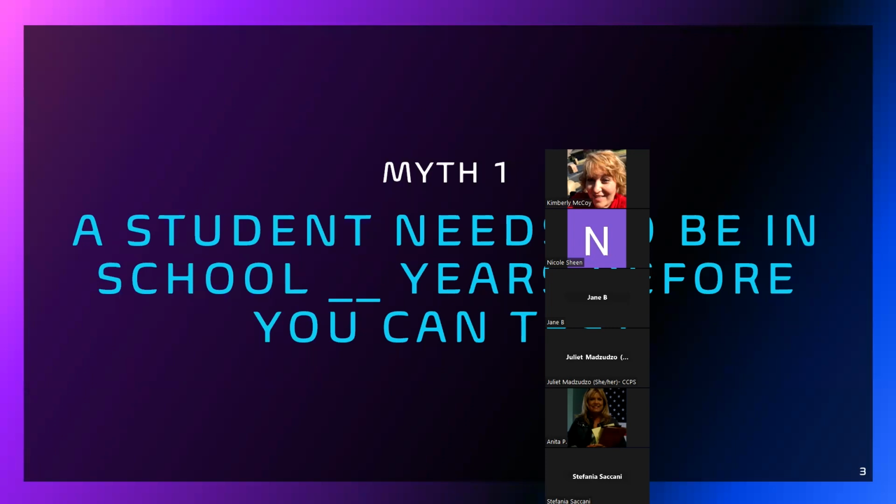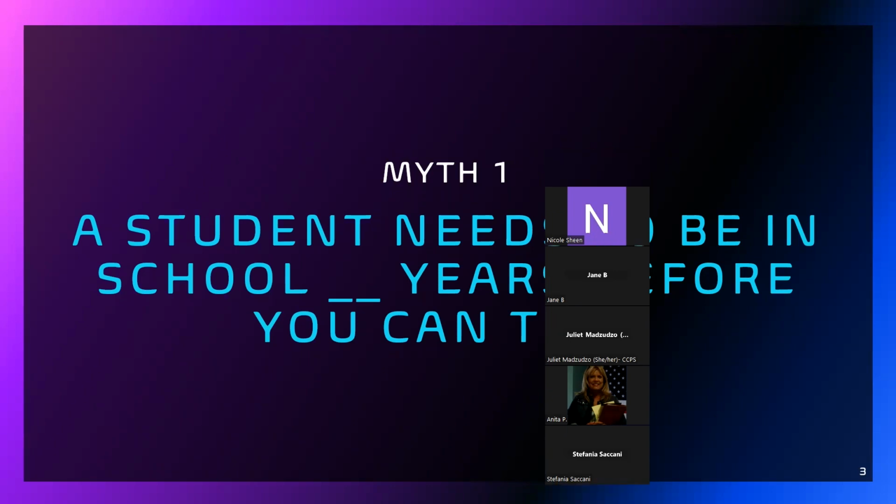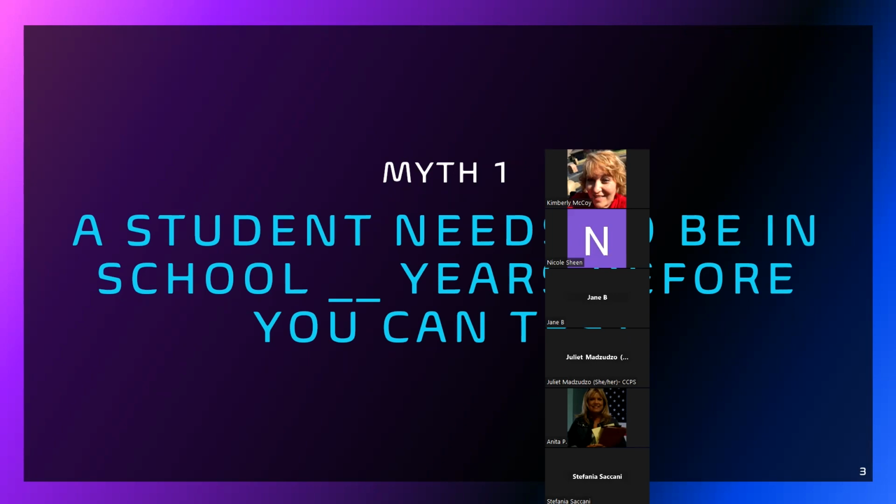Now, there are some local policies that say nothing really in writing that I've ever seen, but word of mouth, where principals will be told you can't do anything for at least a year, or teachers will be told by the principal, we have to try this for at least a year. As far as I know, there is nothing in federal guideline that makes this true.